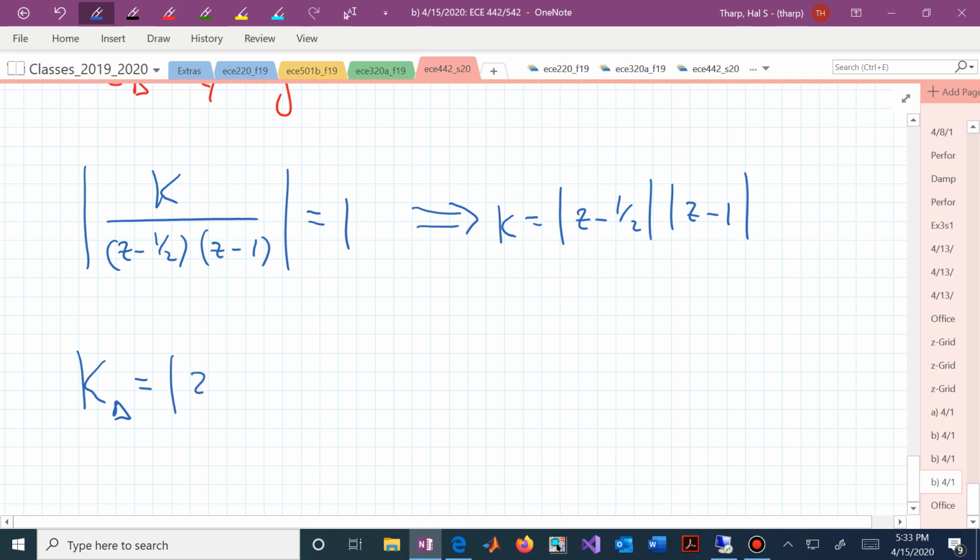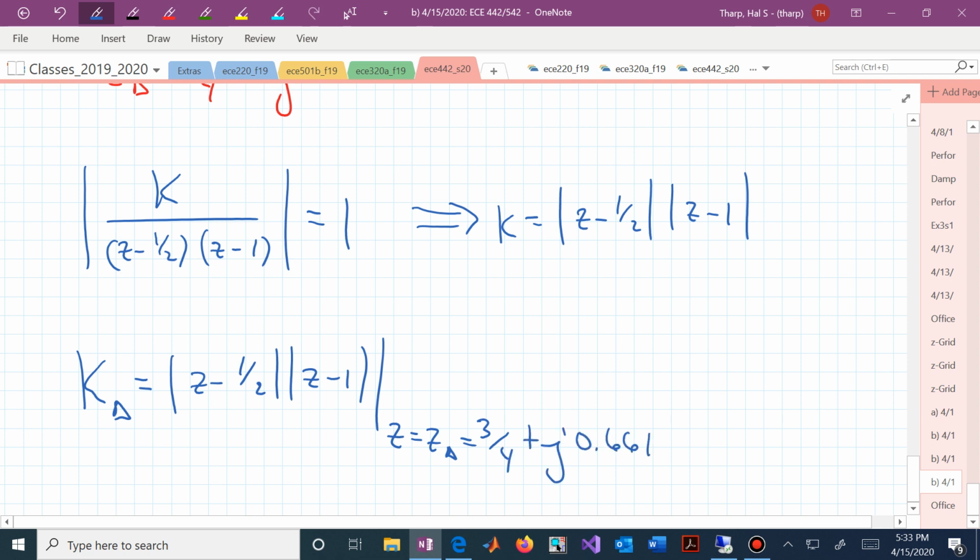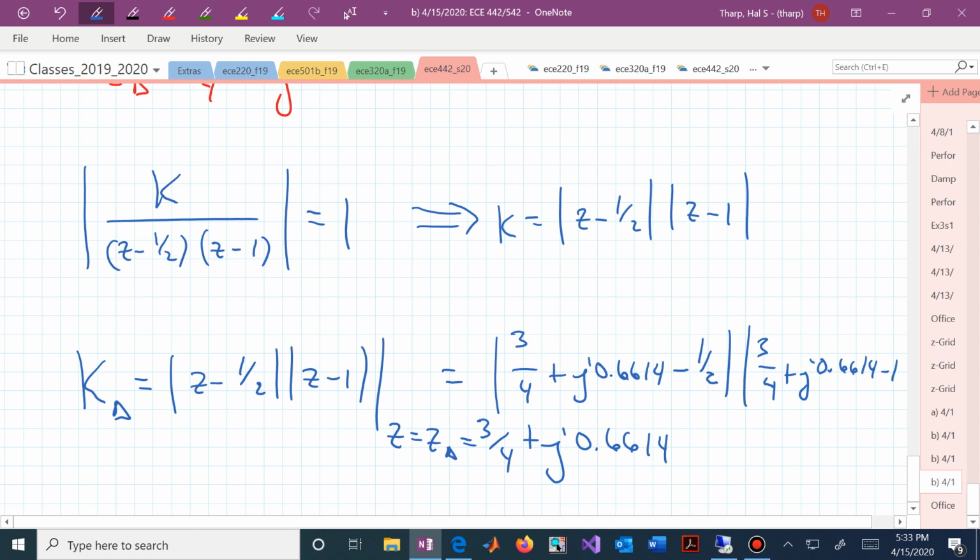That's going to be when we evaluate this gain formula at z equals z delta, which is now 3/4 plus j 0.6614. Or that's now 3/4 plus j 0.6614 minus 1/2, times that same z value minus 1.